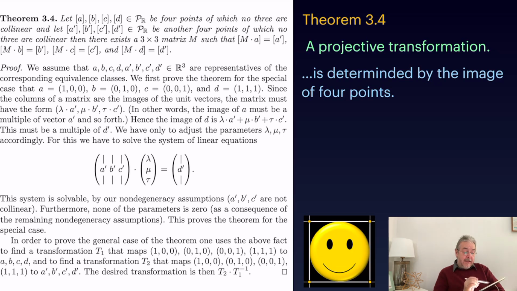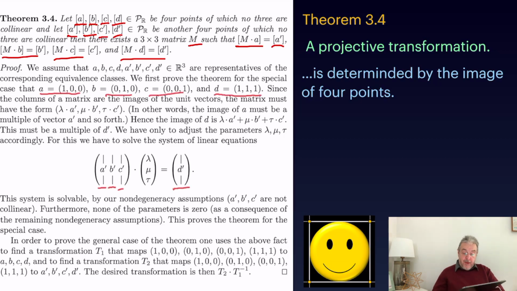The idea is you want to show that if you have 4 points in a pre-image space and 4 points in the image space, and no 3 of those points are collinear in both sets, then you can always find a matrix that maps the points of the first quadruple to the points of the second quadruple. This time you really need the equivalence classes.